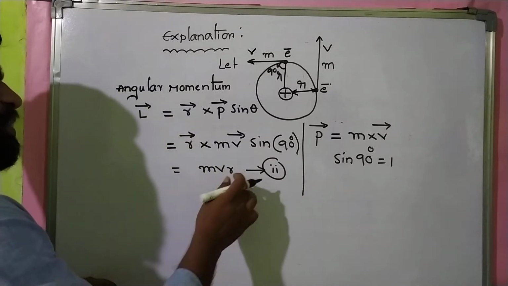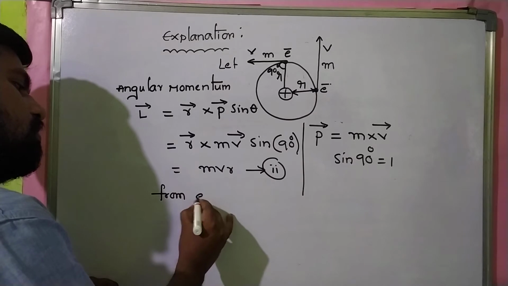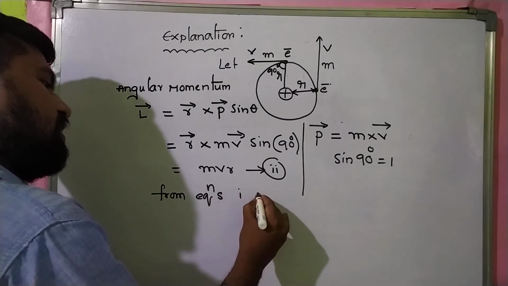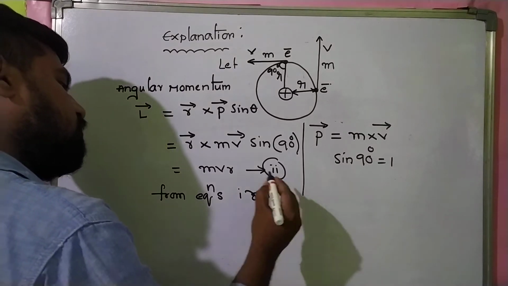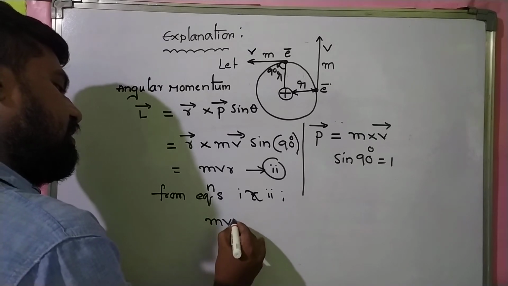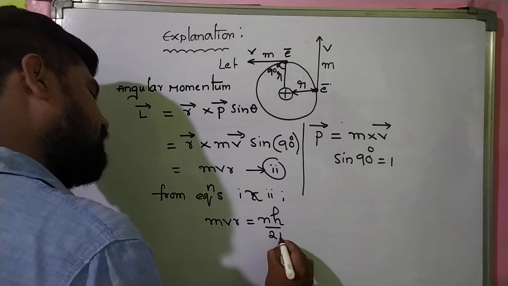From equations 1 and 2, we have mvr equal to nh by 2 pi.